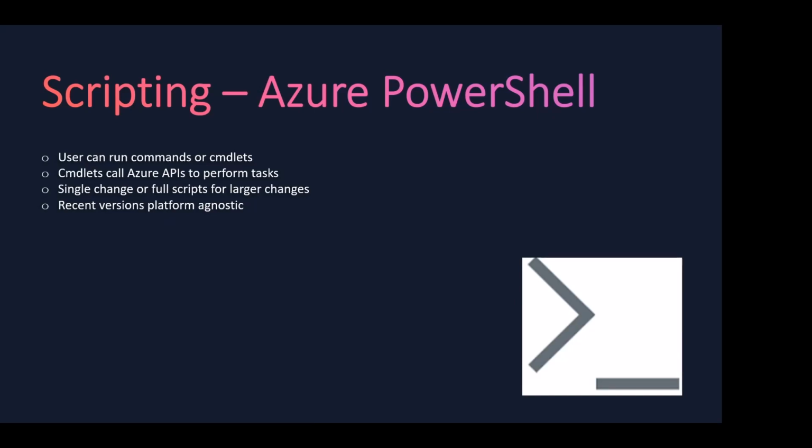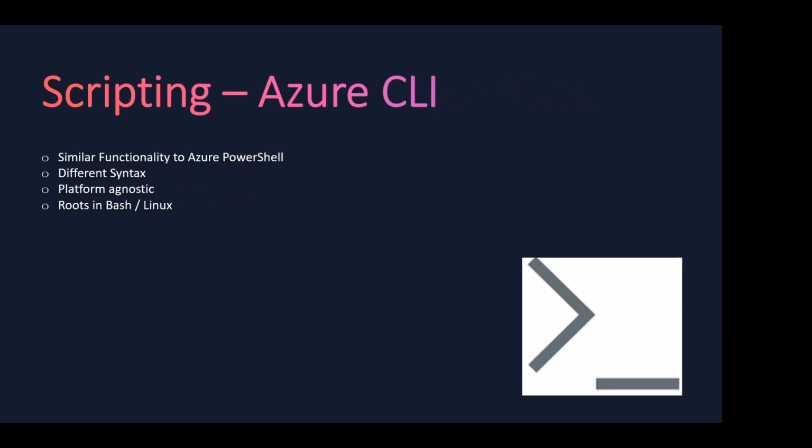So we'll move on to Azure CLI, which is the other command line tool. Azure CLI, or command line interface, is a tool that provides you a way of managing resources very similar to Azure PowerShell. The syntax and commands are different because this was originally based around Linux and Bash scripting rather than Windows and PowerShell scripting.